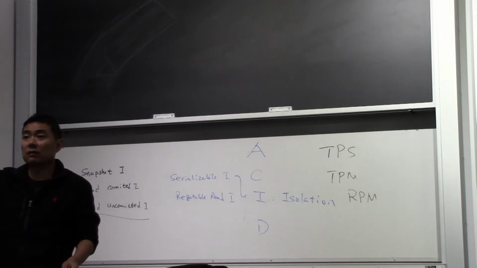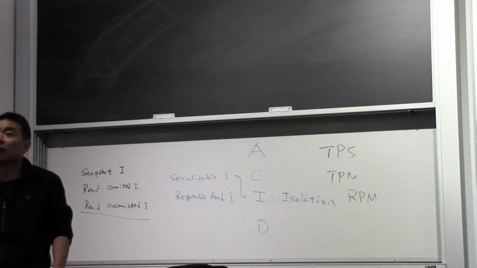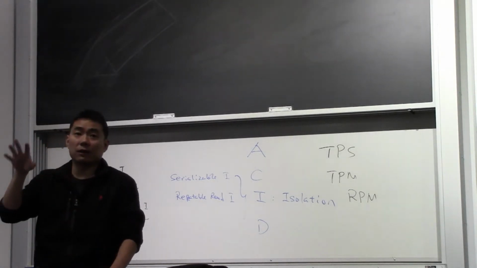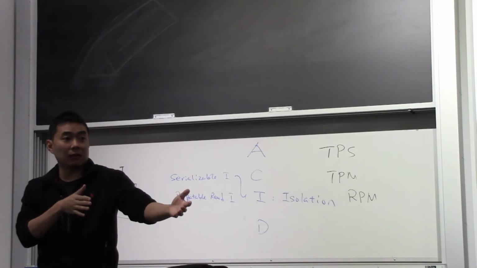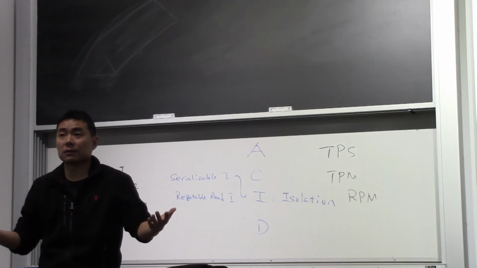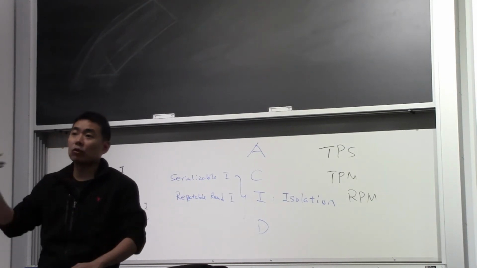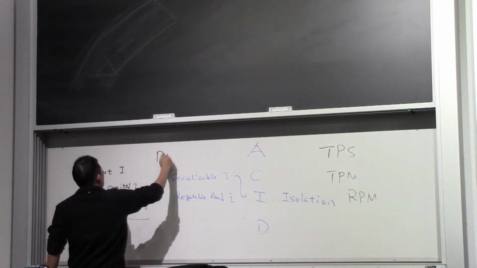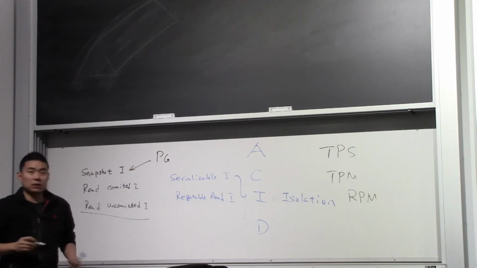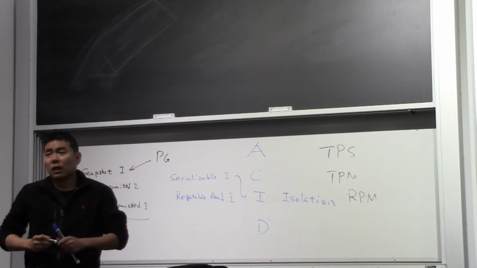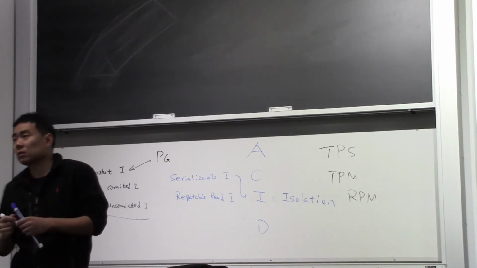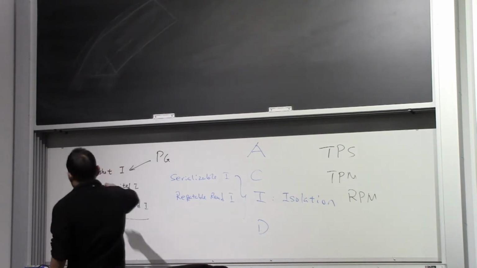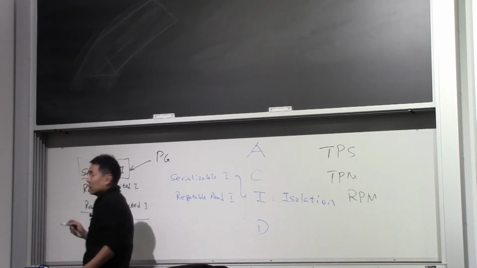For example, the MySQL database server that we are using, as I demonstrated to you last lecture, is using repeatable read. PostgreSQL uses snapshot isolation as the default. In fact, in most practical applications, people actually use snapshot isolation.